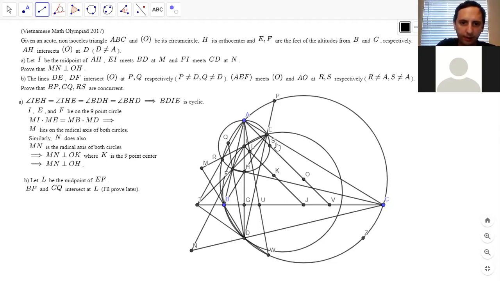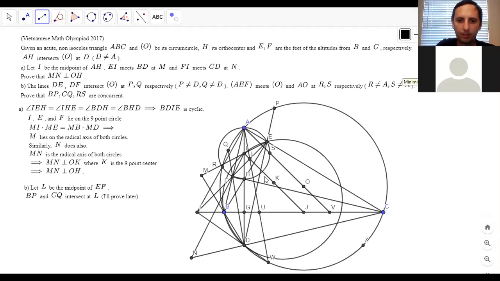Yeah, so basically invert about A. Let me check the chat. Yeah, consider the inversion with radius AH times AG.